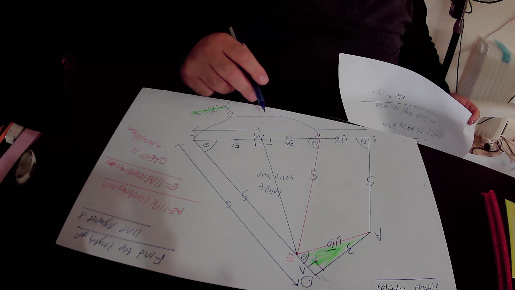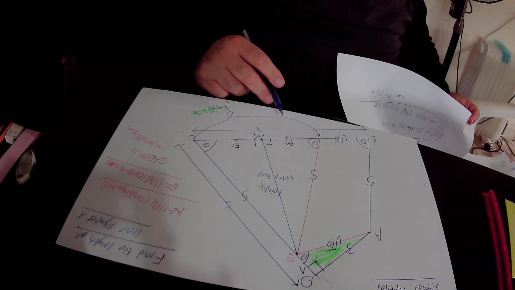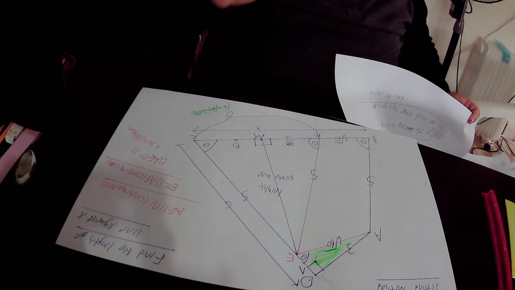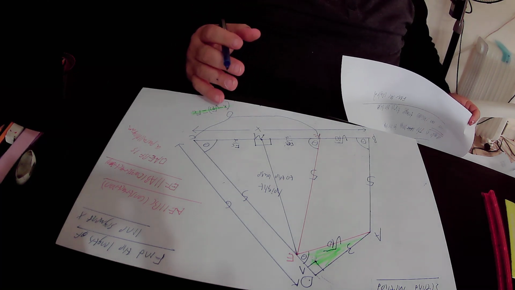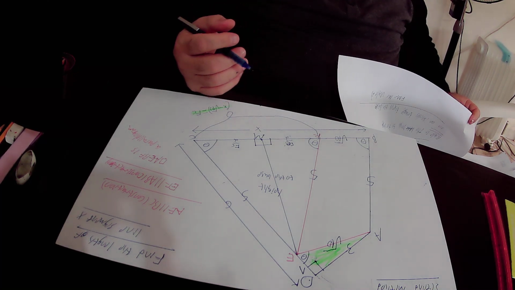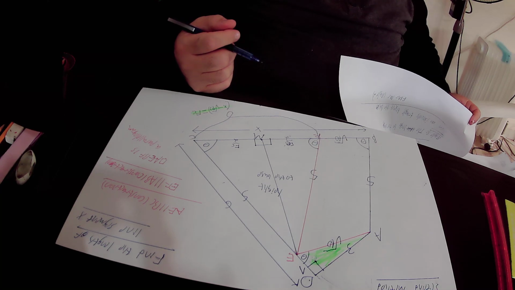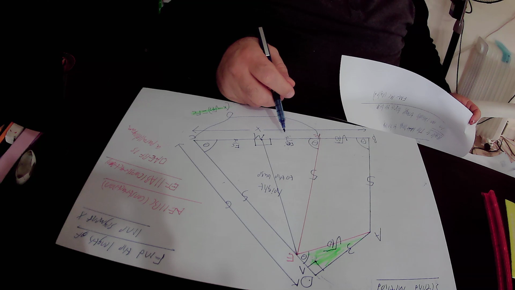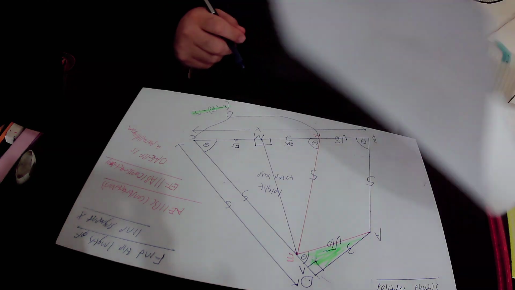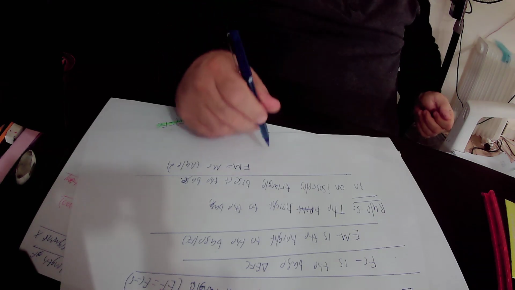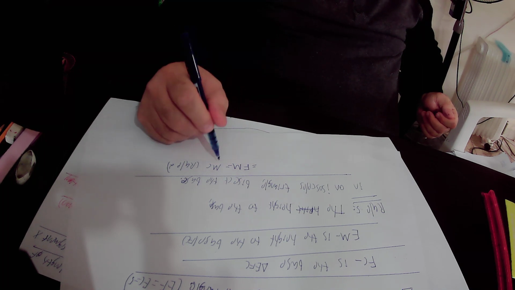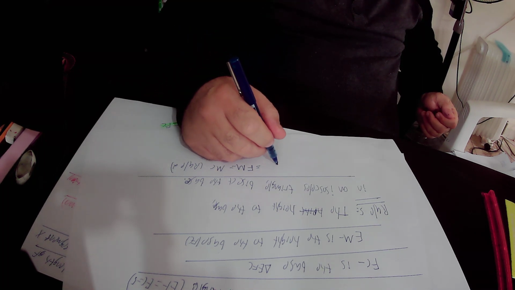It means that it divides the base into 2 equal parts. That is to say, FM equals MC. And because it bisects the base, each part will be equal to FC over 2. So FM will equal FC over 2, and MC will also equal FC over 2.